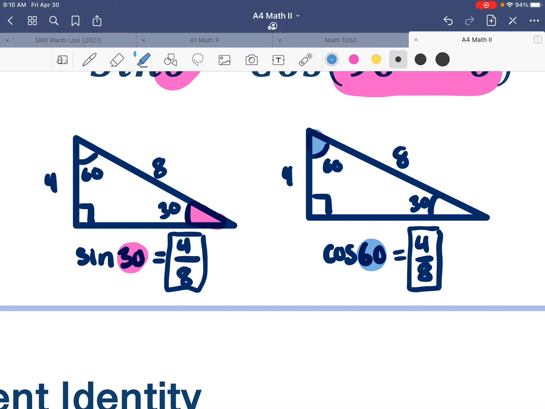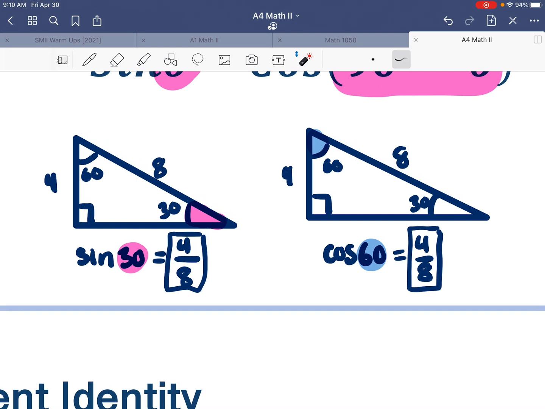That's because any two angles in a right triangle, we already have a 90 degree angle, and to make 180 we just need 90 more, which means those two angles are always going to add to 90 degrees. And so that's why this is true.